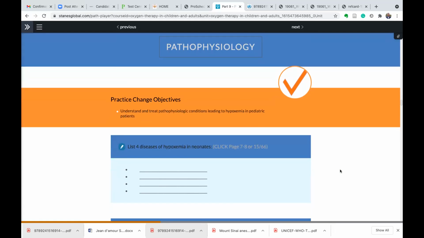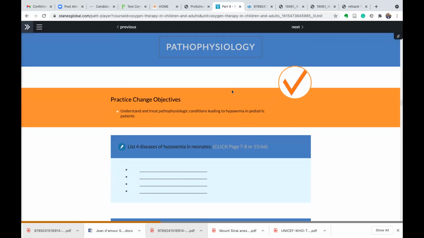So let us talk about the pathophysiology of hypoxemia. And we have been doing this for the last few sessions now. And the goal for this part of the session is to understand and be able to treat pathophysiologic conditions leading to hypoxemia, especially in the pediatric patient.